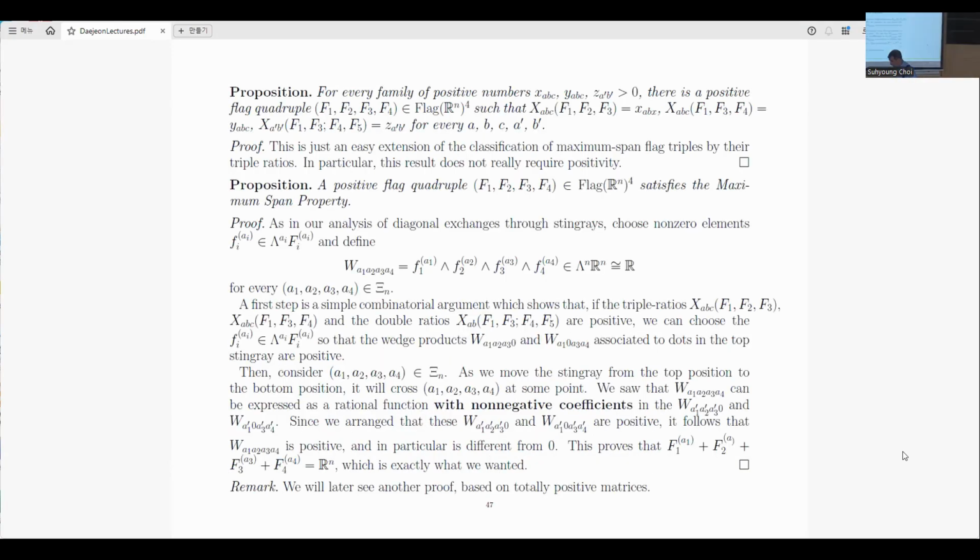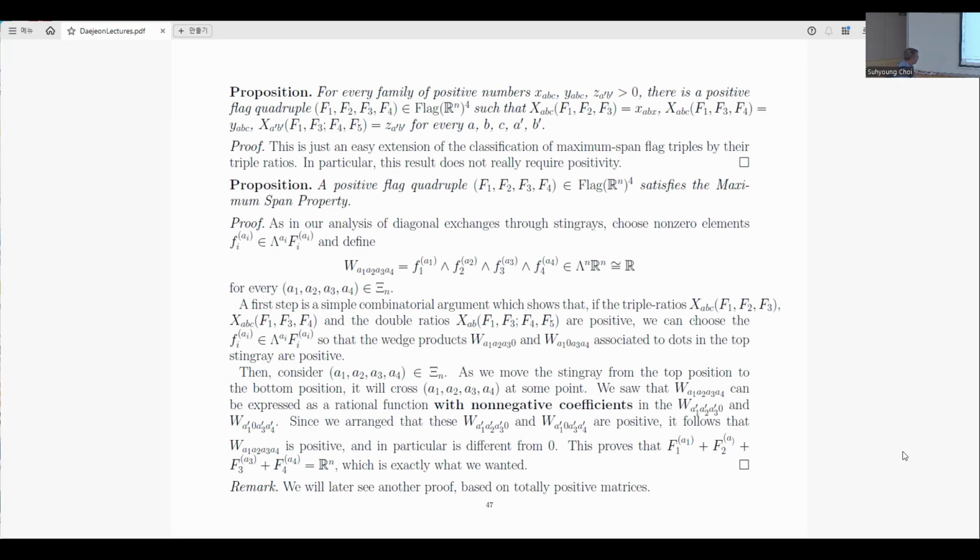Okay, and then where I stopped yesterday was the following. This result we had seen before, and it says that if you give yourself positive numbers, you can realize them as triple ratios and double ratios of a flag quadruple in that sense.